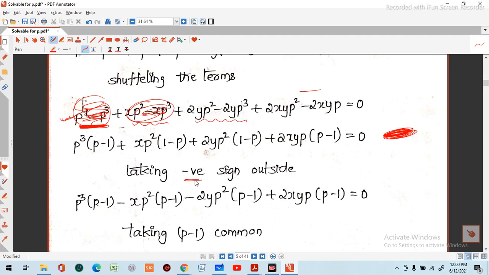So this negative sign, where is it? Here. From here and from here, if I take the negative sign outside, I will get this negative sign as well as this negative sign, and it becomes p minus 1. The 1 minus p becomes p minus 1, and this also becomes p minus 1. So everywhere p minus 1 is common.